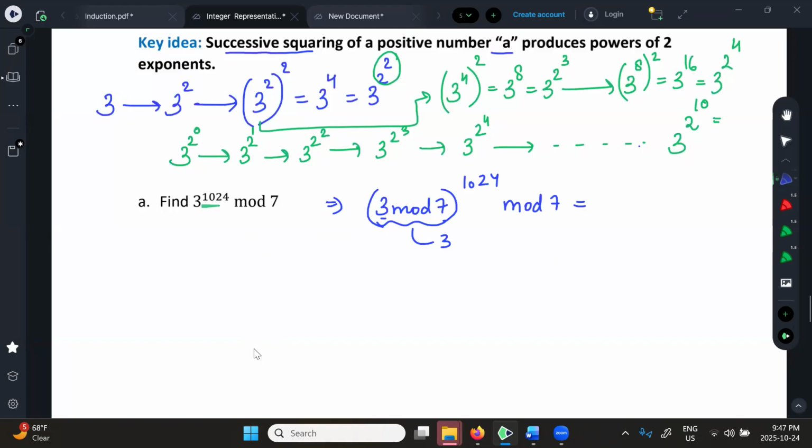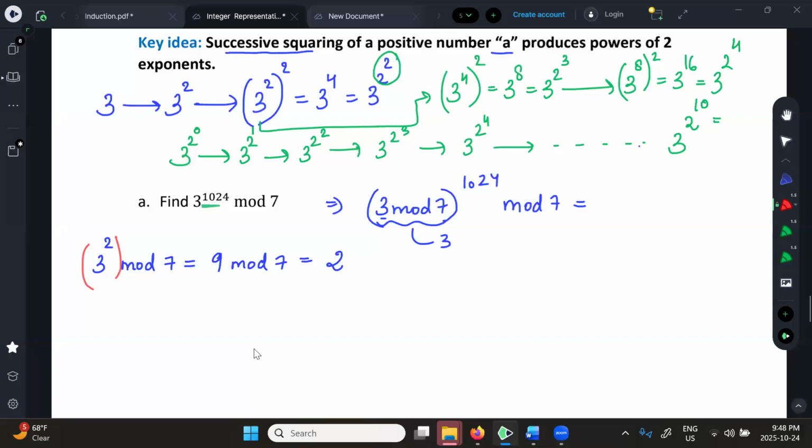But let's see when I try to square it. Let's try to look for a pattern here. So 3 squared mod 7 is actually 9 mod 7, right? 9 is not that big, which is 2. When you divide 9 by 7, the mod function will return the remainder, which is 2. The next step is you square the thing.